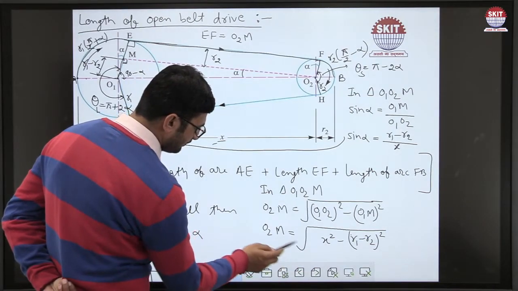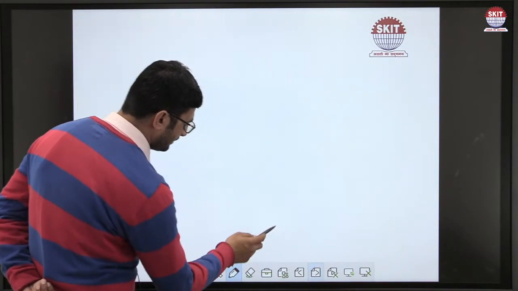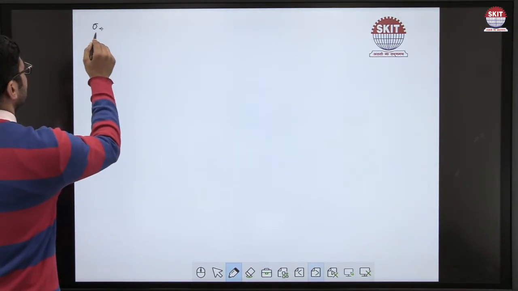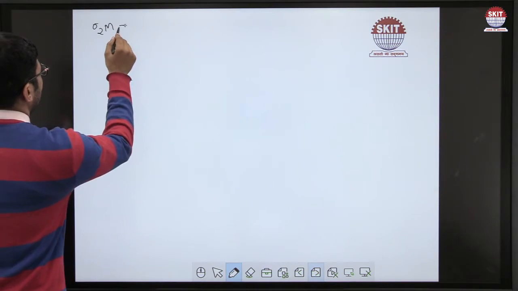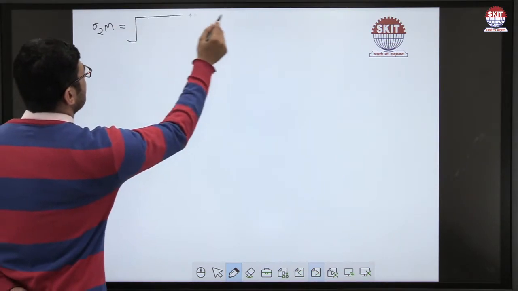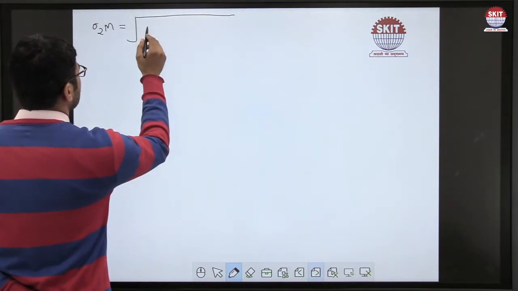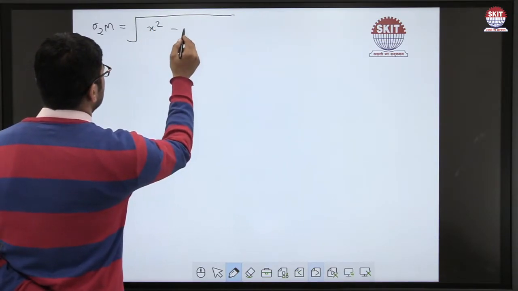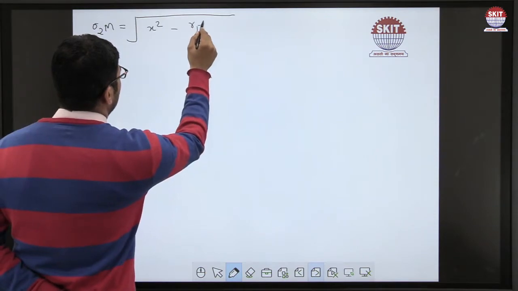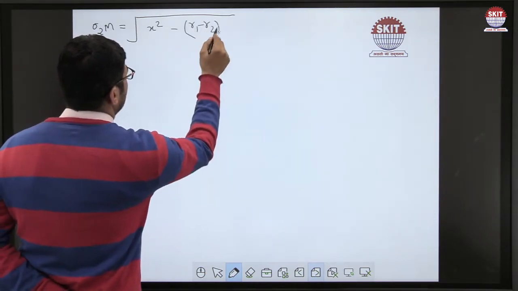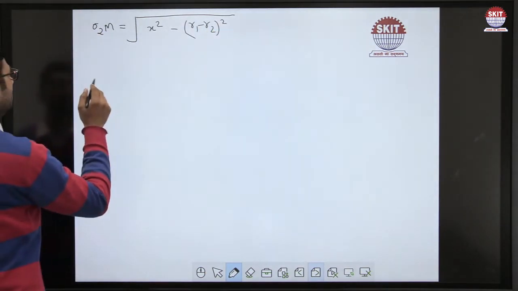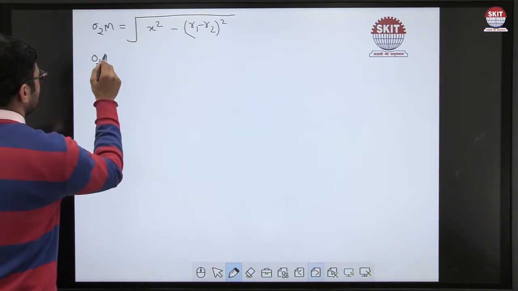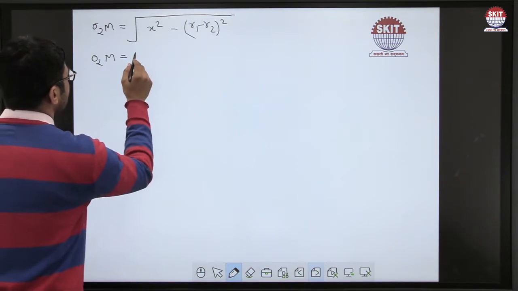Further, we calculate this value O2M. O2M is equal to the square root of x squared minus (R1 minus R2) squared. If we solve this, then we write it in this manner.